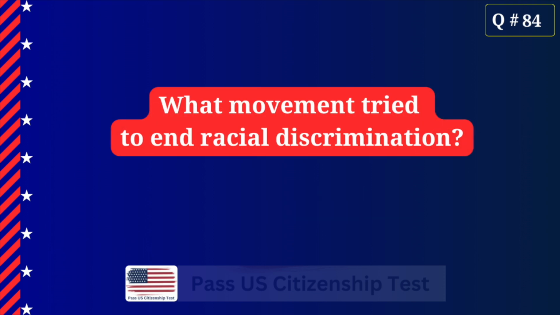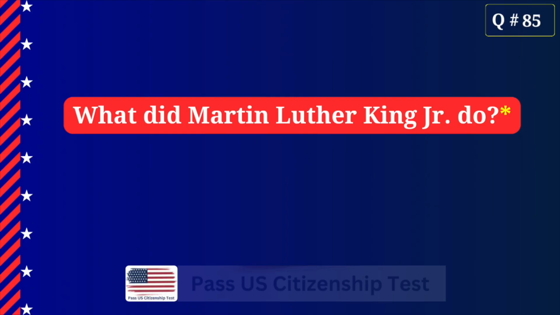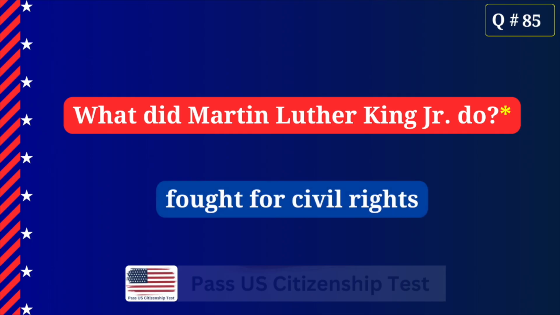What movement tried to end racial discrimination? Civil rights movement. What did Martin Luther King Jr. do? Fought for civil rights.